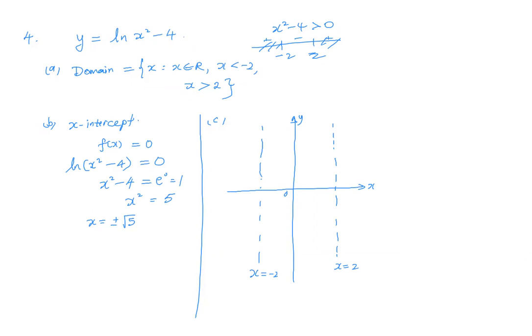So square root of 5 is approximately 2 point something, correct? So this is one of your x-intercepts. This is another x-intercept. Then only you go to your calculator, you put in, then you do a zoom fit or zoom stack. I don't know, up to you. So then you get a graph like that.